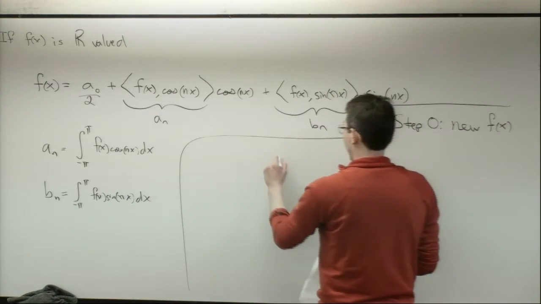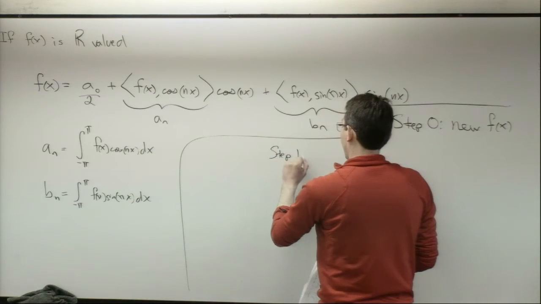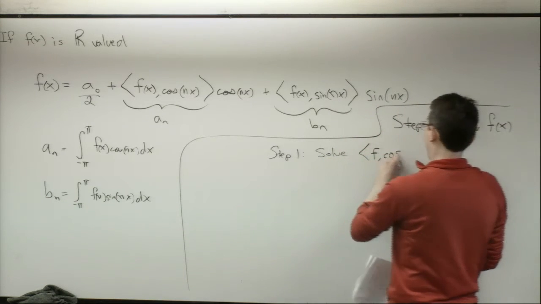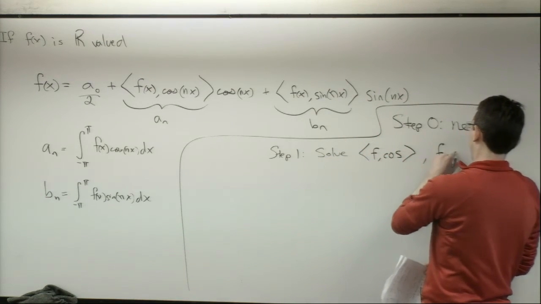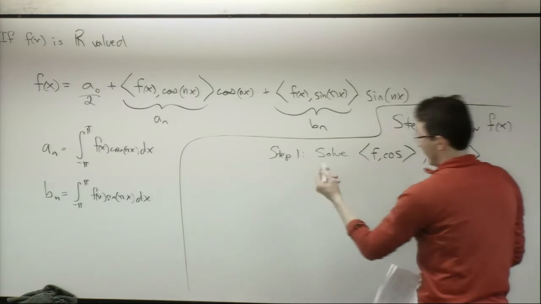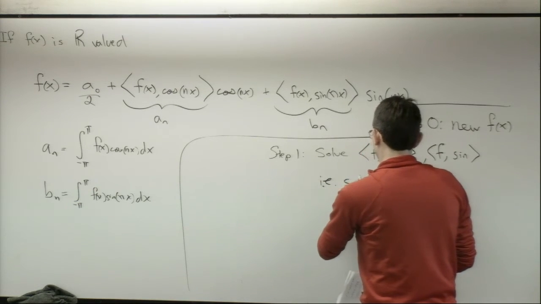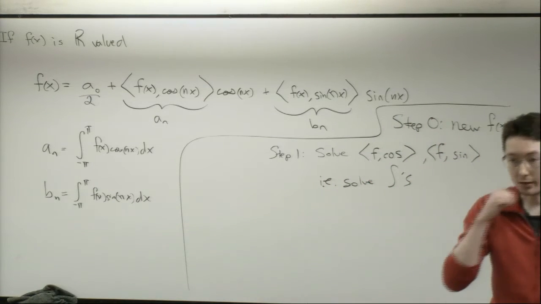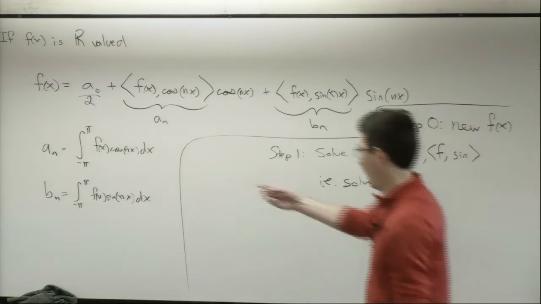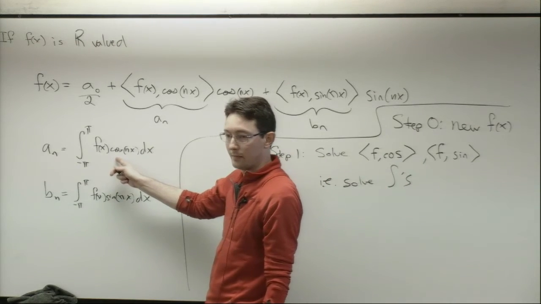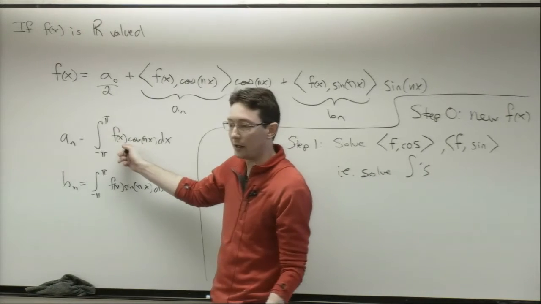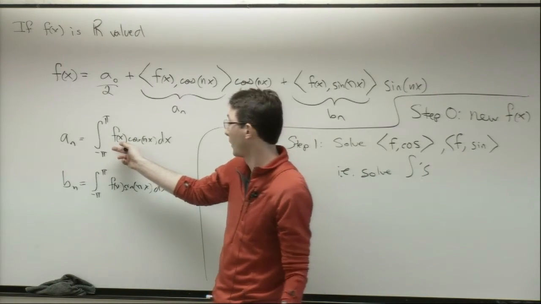Okay, so step 1 is solve the inner product of f with cosine and the inner product of f with sine, which means solving integrals. Now, a lot of these integrals I can solve by hand, right? I know how to integrate cos of nx times lots of stuff. We've been good at integrating trigonometric functions for a long time.